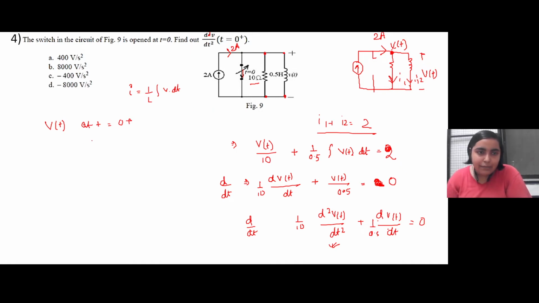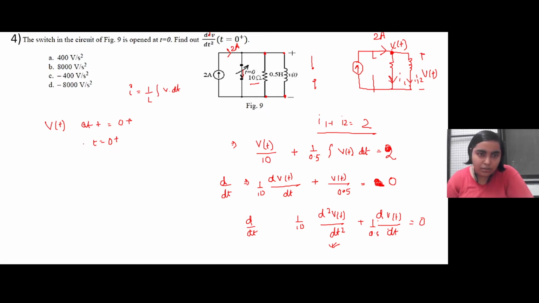At time t equal to 0 plus, initially, since under the steady state a current was flowing like this, but just after switching, this inductor has not been initially connected to this current source, so this was an open circuit itself because no current was flowing through it. But just after connecting, it will resist the flow of current, so it will still behave as an open circuit just after switching.